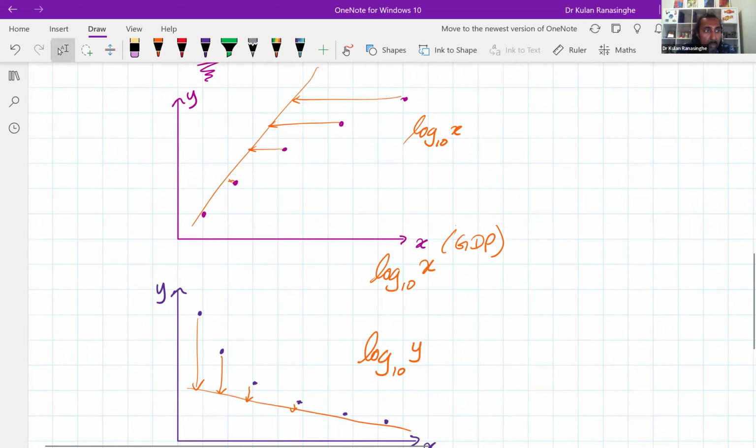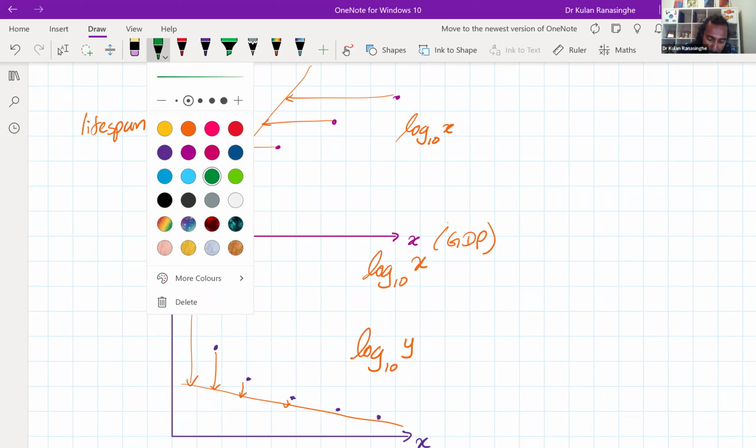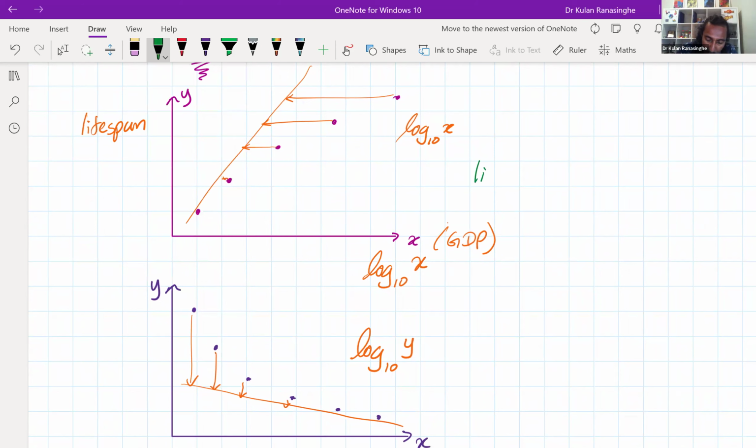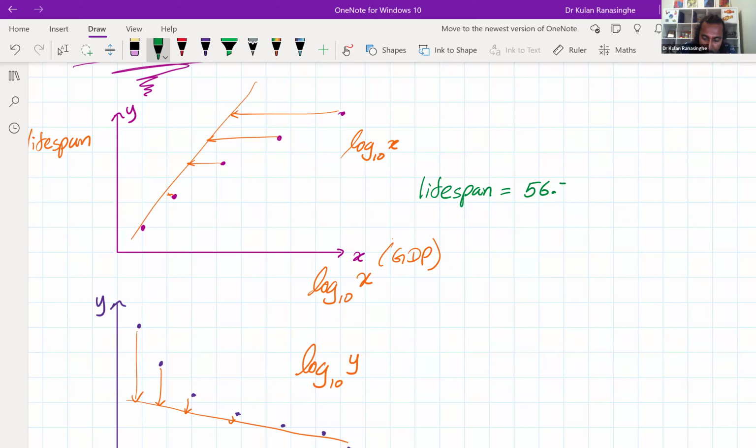Then if I were to get an equation, I can think of lifespan. Then I can write down, all right, lifespan is equal to, let's say, 56.7 as my so-called intercept.